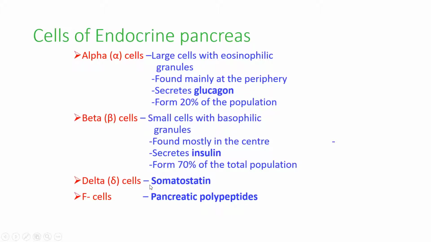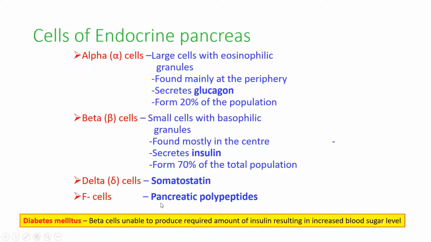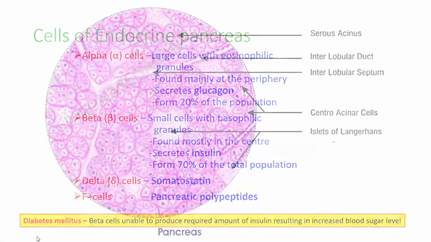Delta cells secrete somatostatin. F cells secrete pancreatic polypeptides. In diabetes mellitus, beta cells are unable to produce required amount of insulin, resulting in increased blood sugar level.